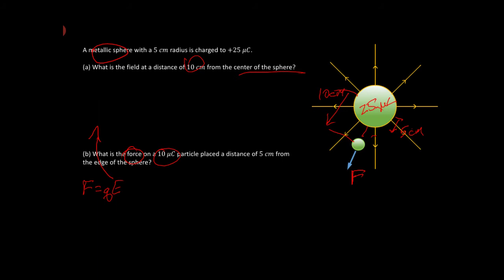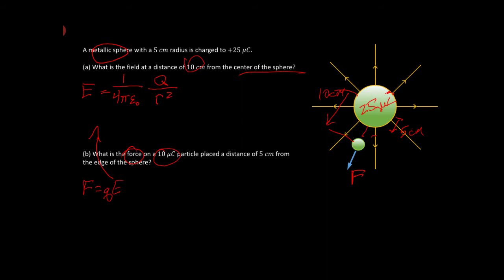So how did we say in the lecture part, in the description, we got the field from a metallic sphere, or from a charged sphere? Well, we said to use this formula, 1 over 4 pi epsilon naught times the charge. So the more charge you have on this sphere, the more you get. And then the farther away, we got 1 over r squared here, the farther away, the less field you get.